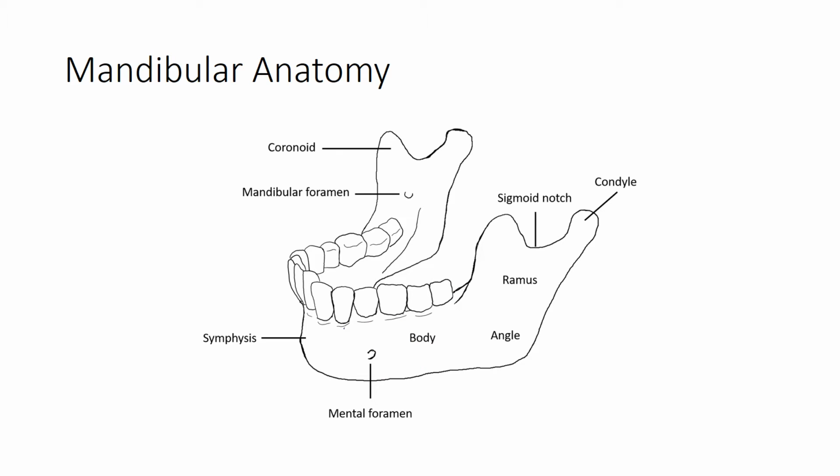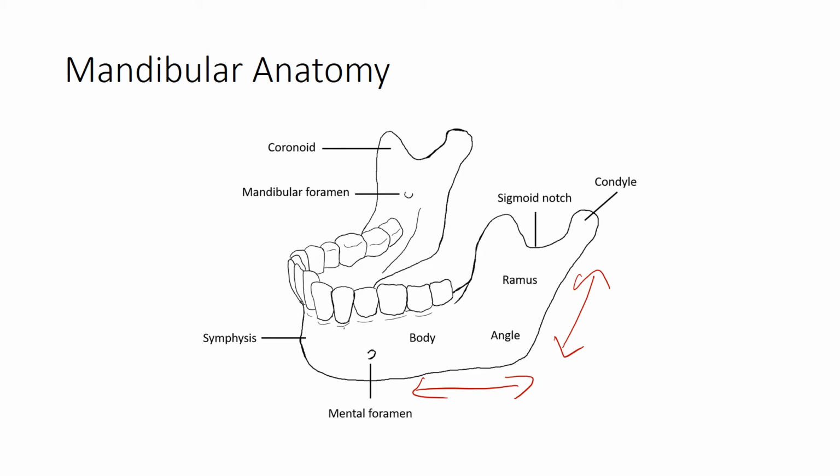A fracture that extends from the most posterior tooth socket to the angle of the mandible is termed an angle fracture. Now the ramus is a little bit confusing because some people will call this going this way the vertical ramus and this part of the mandible going this way the horizontal ramus.